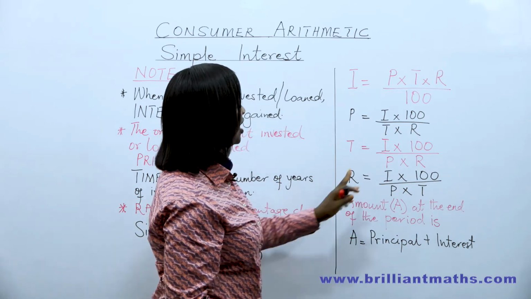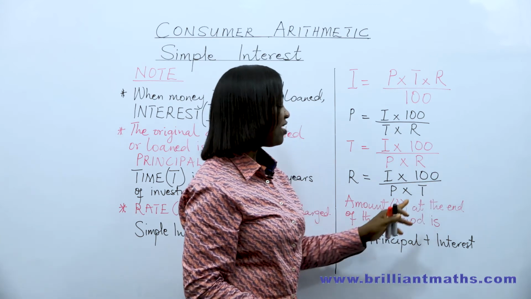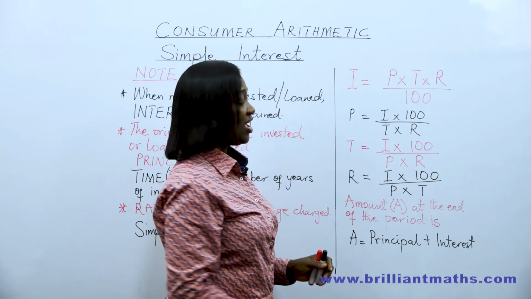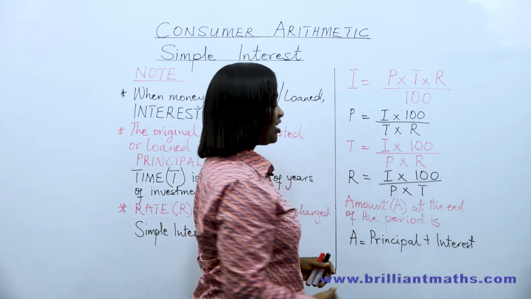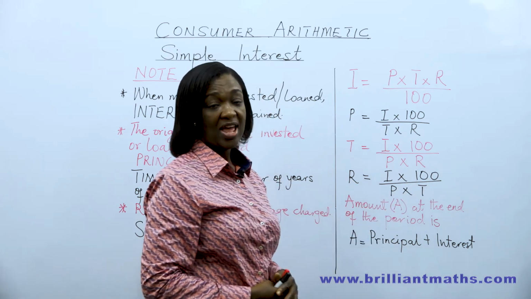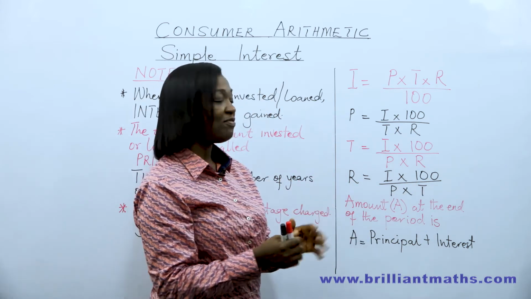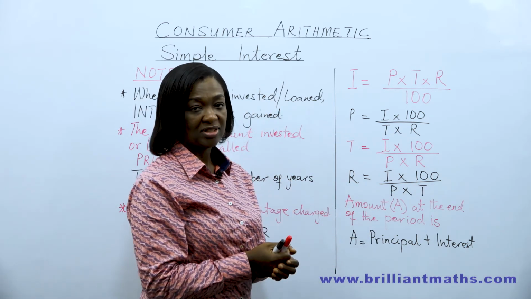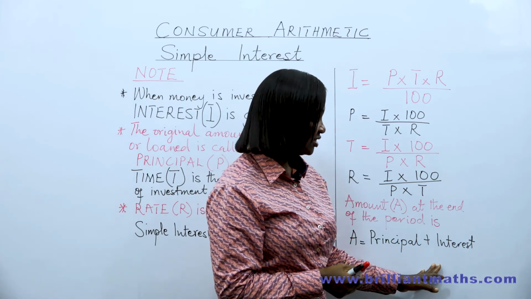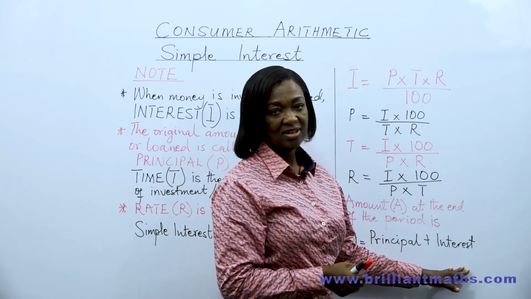If you are given the principal, the time, and the interest, and you're supposed to find the rate, it's the interest times 100 divided by the principal times the time. Then the amount at the end of the period, the total amount, is equal to the principal plus the interest.